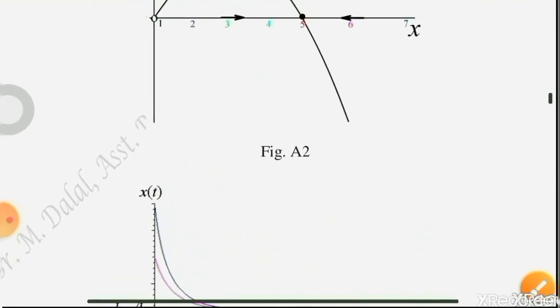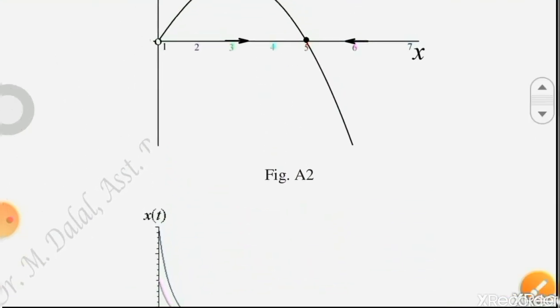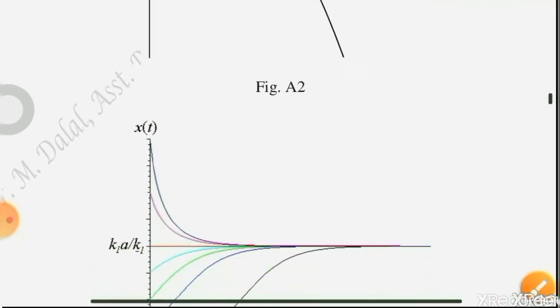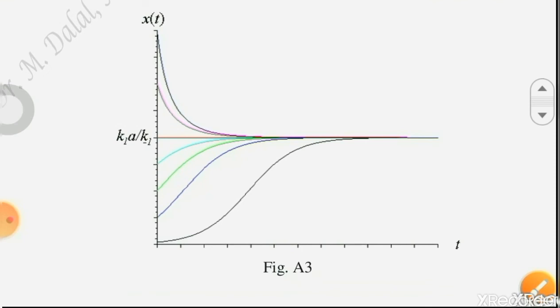Similarly, for the point marked by 3, the trajectory will be the line marked by the green color. In this way, for an autocatalysis process, the entire phase portrait will look like this figure for various initial conditions.